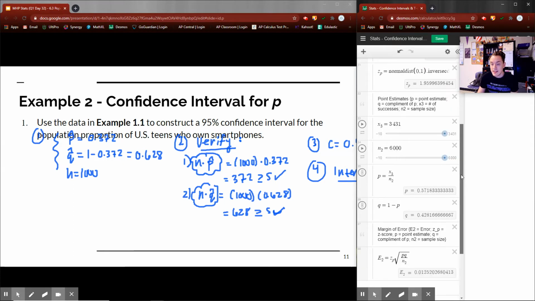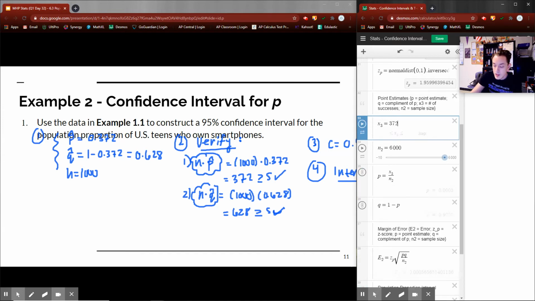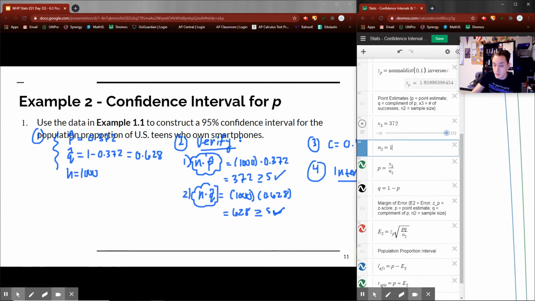Now the point estimates. This is when I have to actually adjust my values here. So what's my P and what's my Q? Well, I had to first put in my X and my N. My X in this case was 372. And then my N here was 1,000, if you remember correctly.